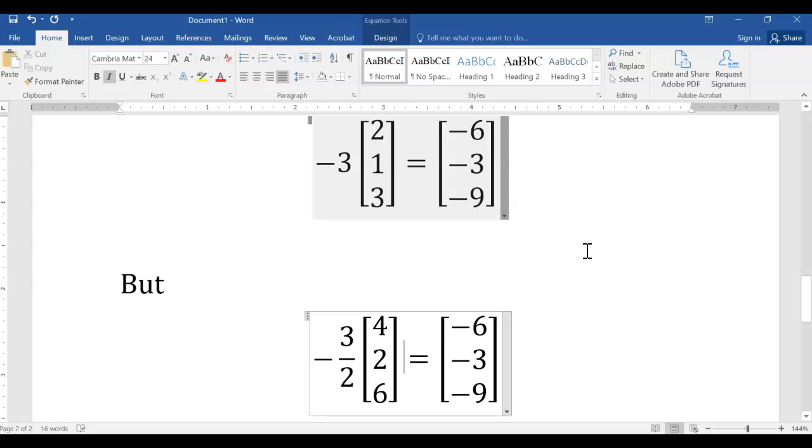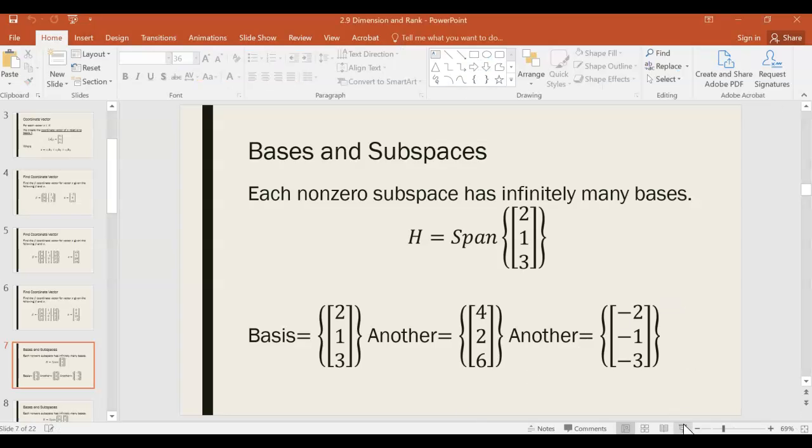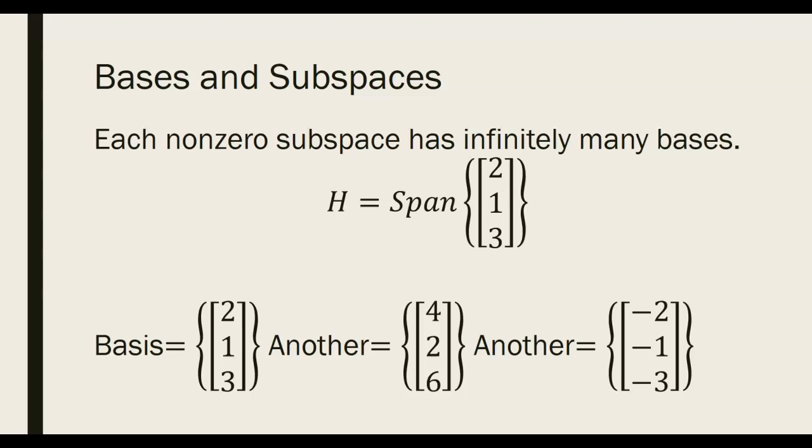So we can always do this trick no matter what vector we've chosen in H. That means (4, 2, 6) times a scalar can give you any vector from H, which means the vector (4, 2, 6) alone in a set is a basis for subspace H. And we could do the same thing with (-2, -1, -3).